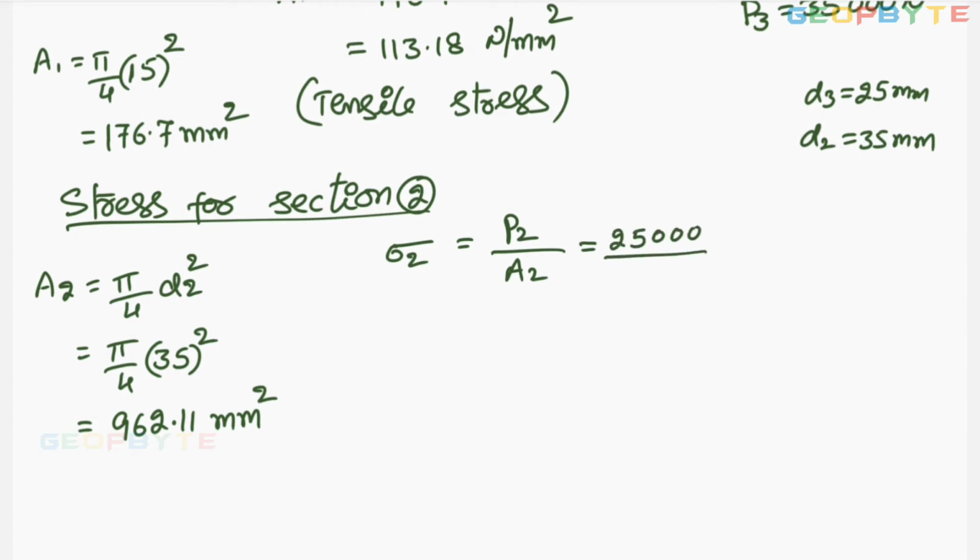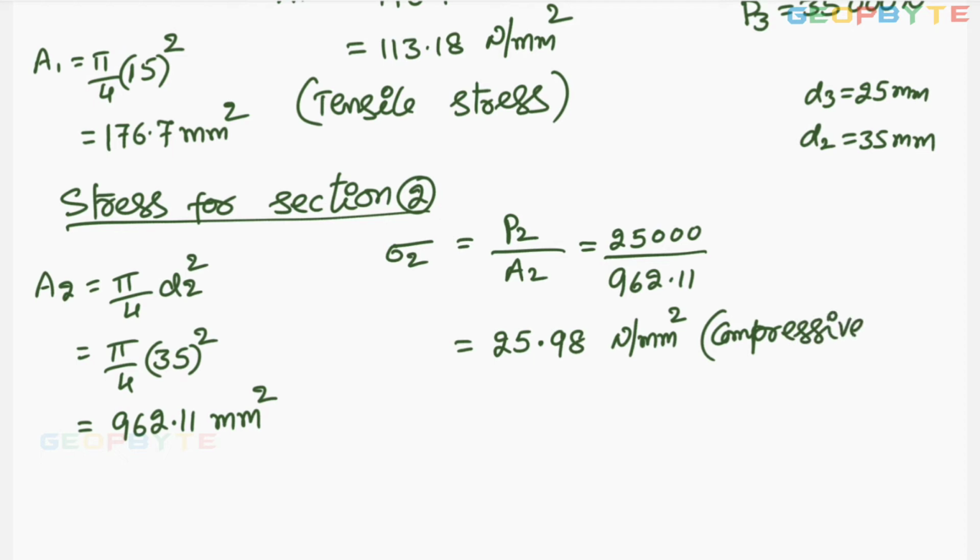Here the compressive stresses you can find, divided by 962.11. Simplify this value for getting 25.98 Newton per mm square. Kind of load is compressive.